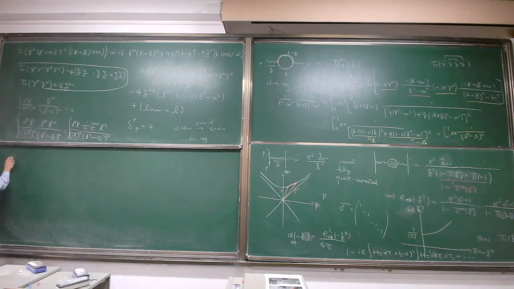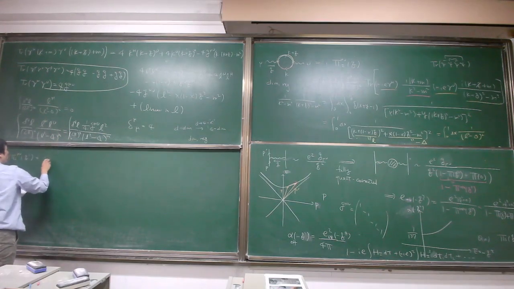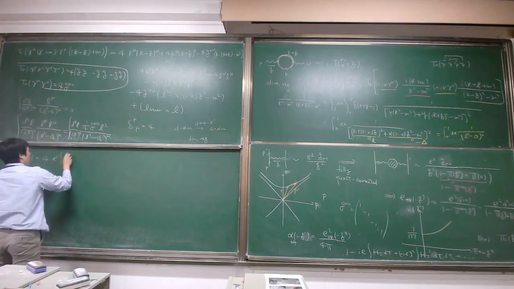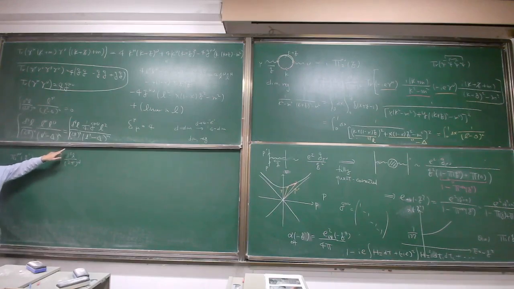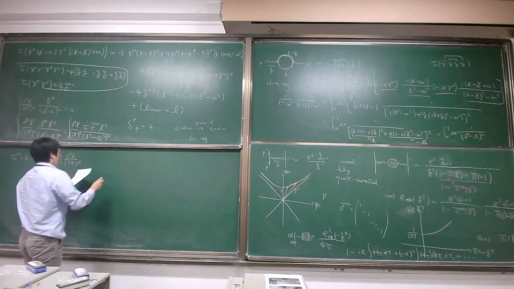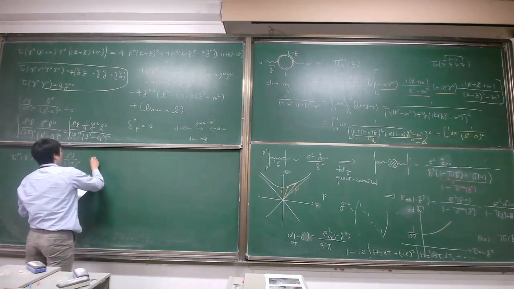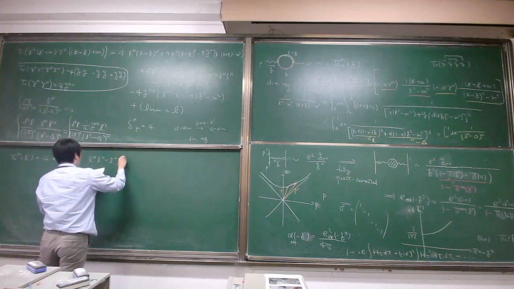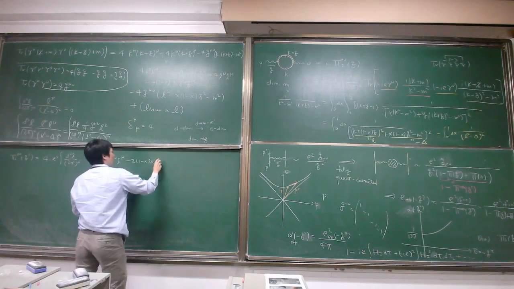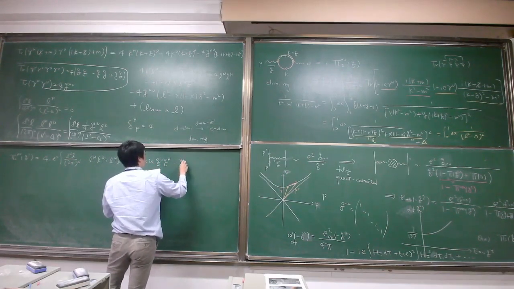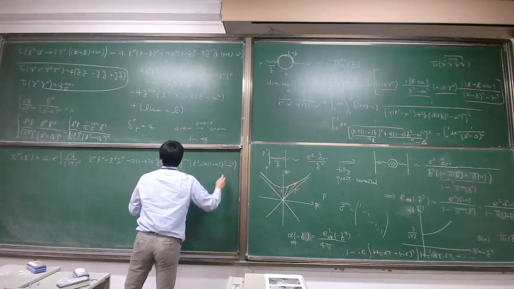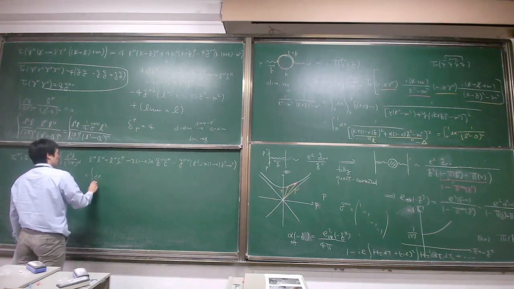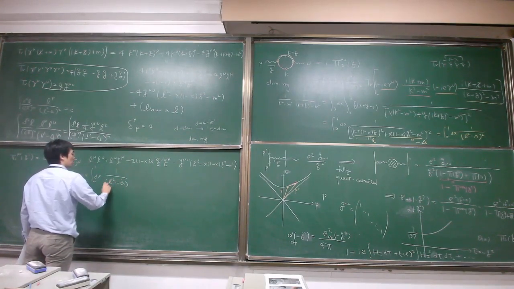You factor out the e squared, then the integral d^D L over (2 pi)^D. Now no longer 4 here, I just replace it with D dimensions. The numerator has L mu L nu minus 2 x(1 minus x) q mu q nu minus g mu nu L squared x(1 minus x) q squared minus m squared, and the denominator is L squared minus delta.